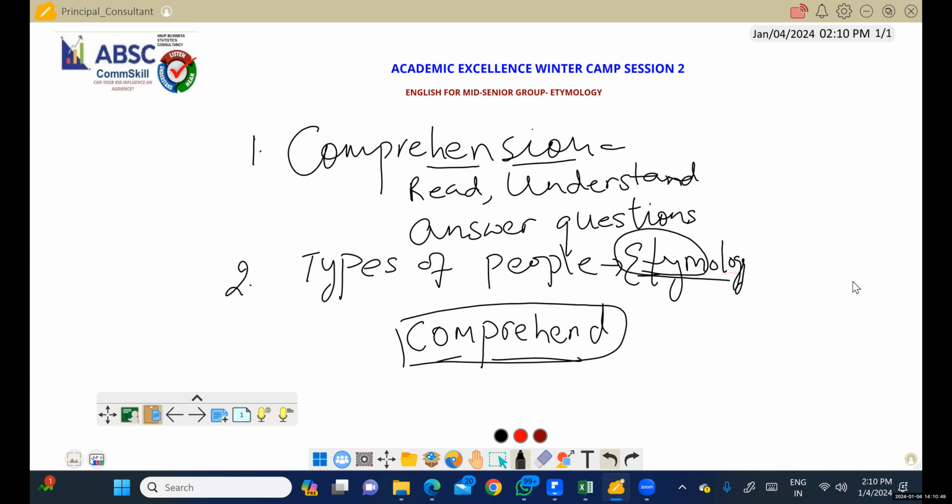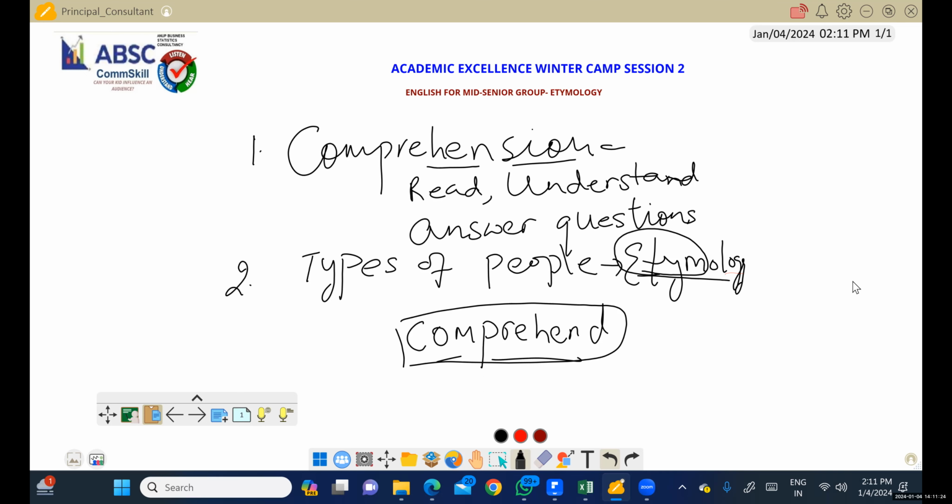So when you're given a paragraph to read, to comprehend, to understand completely, and then answer some questions in that context, ensure that you are answering within the context of the paragraph, and not out of context.